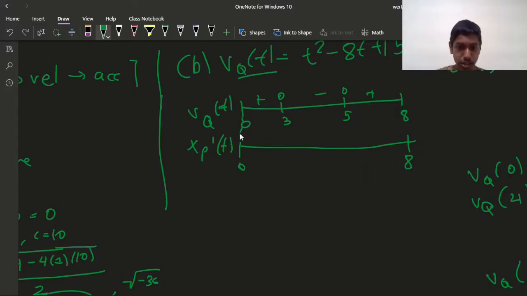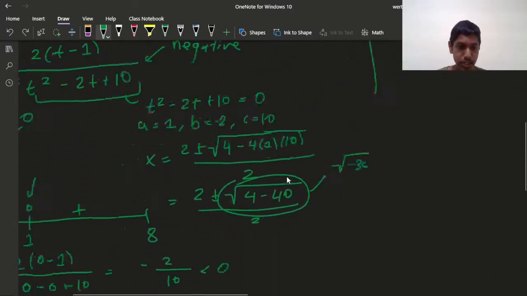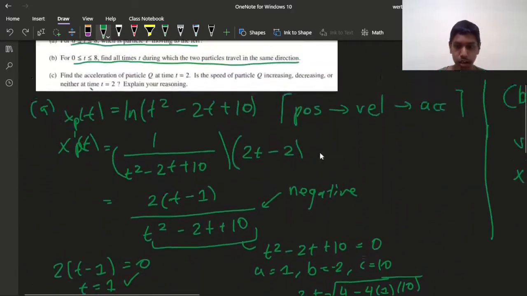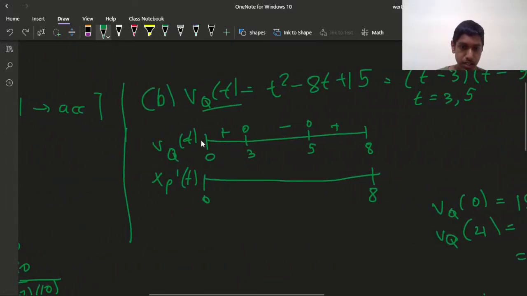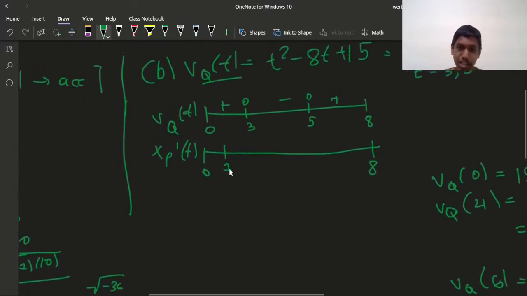So your 0 and 8 should be aligned with each other, just for clarity. And when you place other points in the middle, like a 1, they should make sense relative to this one. So 1 is less than 3, so it should be closer to 0 than where 3 is right now. So maybe it should be right here. Again, you don't have to go overkill with the accuracy, but only the relative placement really matters.